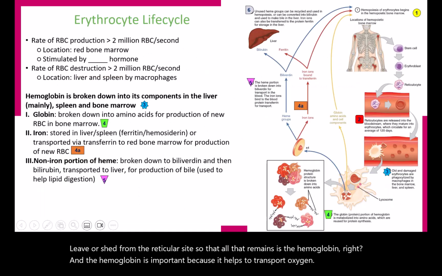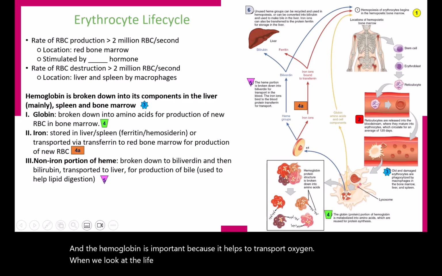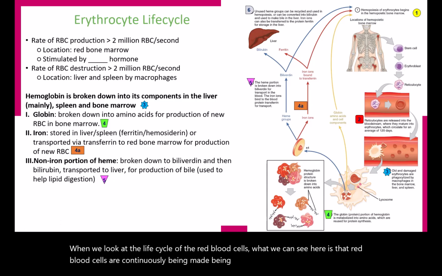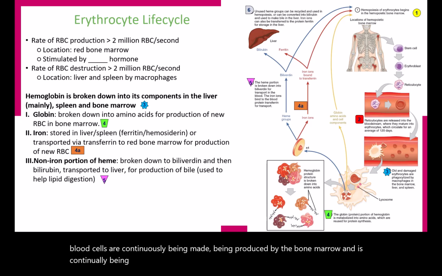When we look at the life cycle of the red blood cells, what we can see here is that red blood cells are continuously being produced by the bone marrow, and are continually being destroyed by the liver and spleen.